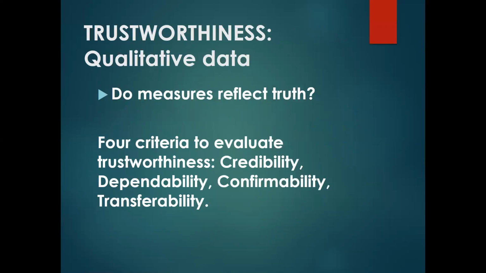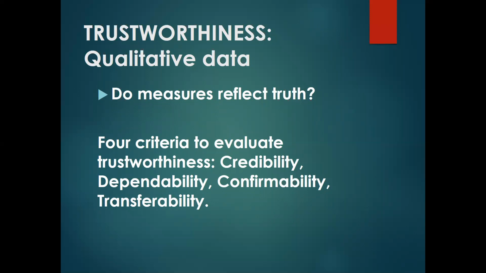Let's talk now about qualitative data. And remember, this is found on pages 295 and 296 in your textbook. And the real question with qualitative data is, does this data reflect the truth?